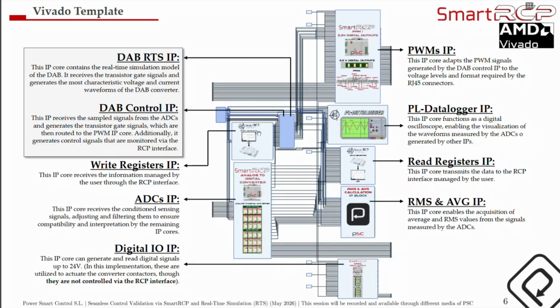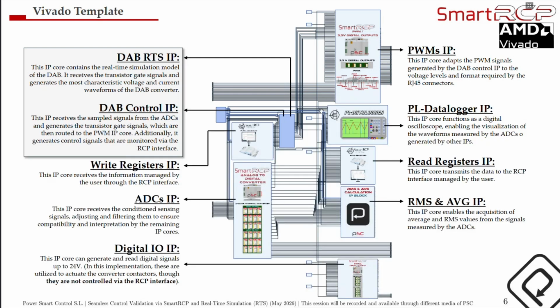For example, the registers that come from the user interface, the ADC drivers, the inputs and outputs drivers, the registers that we can send from the FPGA to the interface, the PL data logger IP, and the PWM IPs to control the actual power converter.